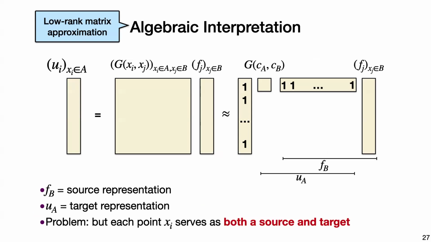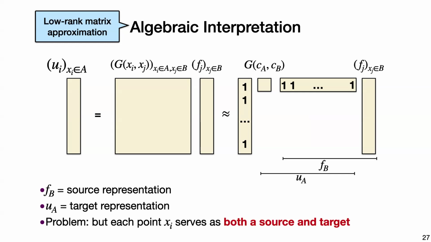So this is just one way to view this approximation, which is if you had a matrix, like I said, it's just a matrix vector multiply. And if you had a matrix where the matrix was just restricted to i and j, where x sub i was in your box A and x sub j is in your box B, and you restricted your vector to everything in B, the exact version would be a matrix vector multiply of this matrix with the vector.